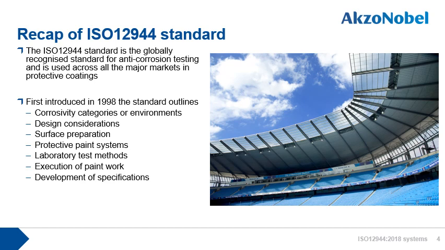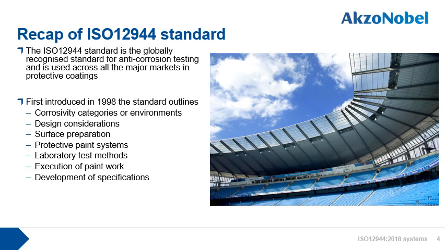The standard provides guidelines on the following: corrosivity categories or environments. Part 2 and Part 9 of the standard deal with classification of environments into corrosivity categories. The standard covers recommendations for atmospheric exposure, fresh and seawater immersion, as well as buried service. Design considerations.